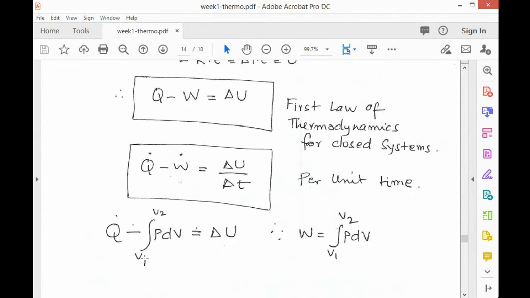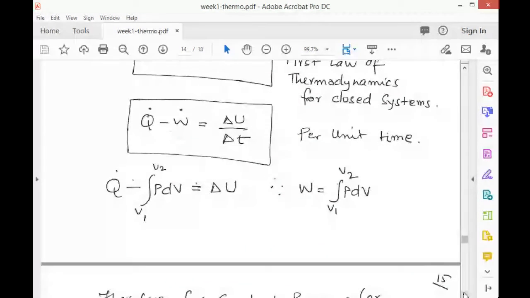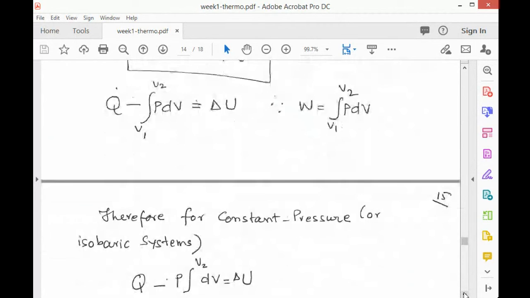Or we can write, as I showed you just now, that W can be replaced by the integral from V1 to V2 of PdV, equal to delta U. You know this derivation already; I showed it above. You can go back and look at it. So this is the form for the closed system.